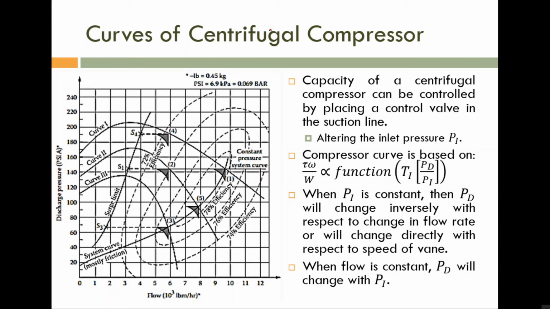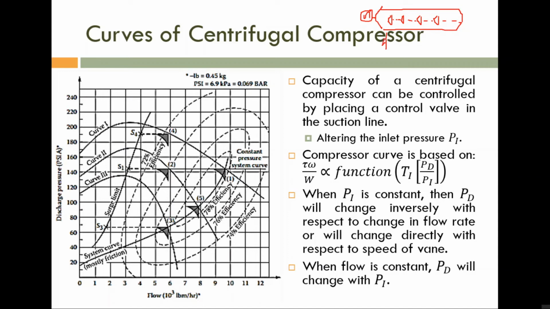So please note, we are discussing the centrifugal compressor. In the previous slide, I asked you to note down the symbol. The symbol is something similar to this one. So this one is a centrifugal compressor, and here you can see the motor also, to drive this centrifugal compressor.